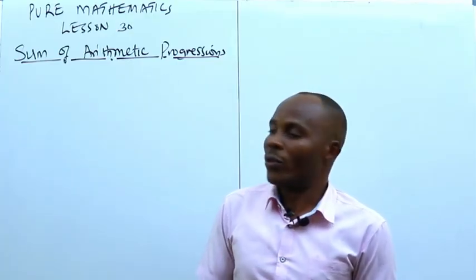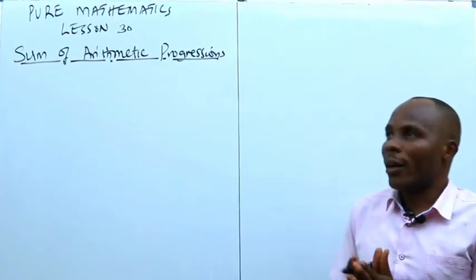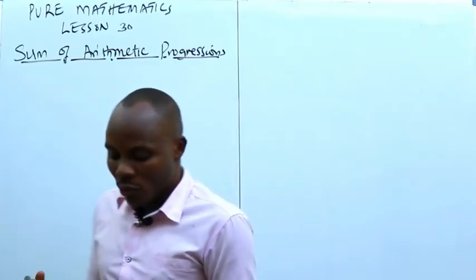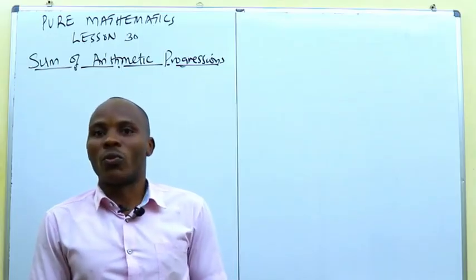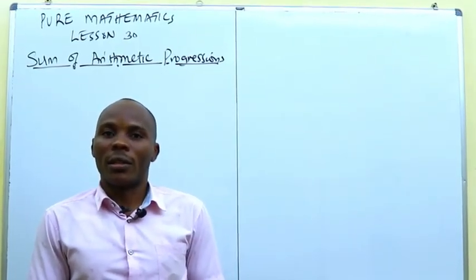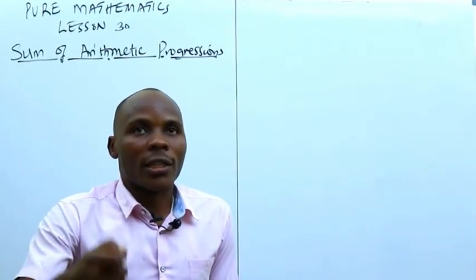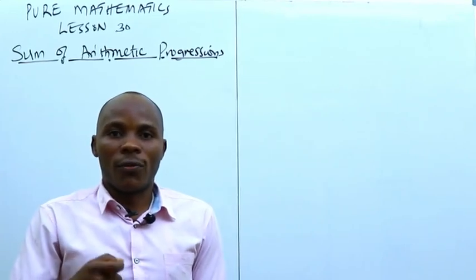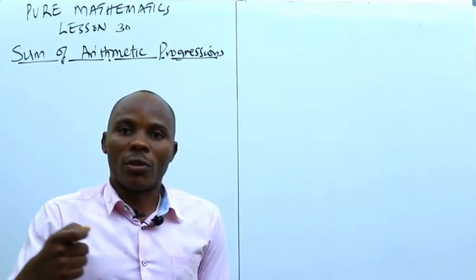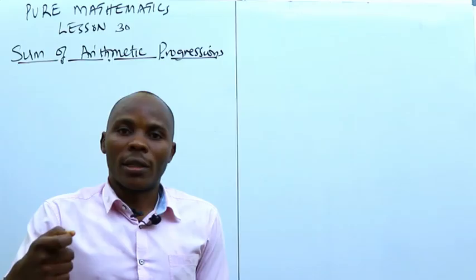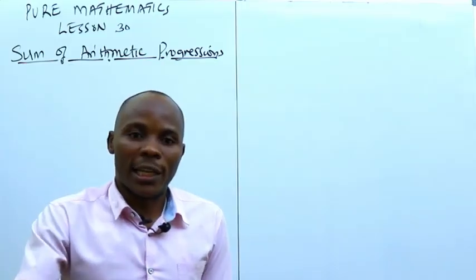When we introduced them, I said arithmetic progressions or any series is referred to as arithmetic if the terms in it follow a certain systematic order. In other words, they sequence themselves arithmetically.